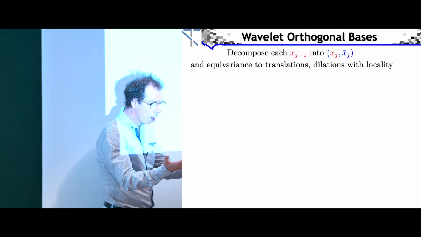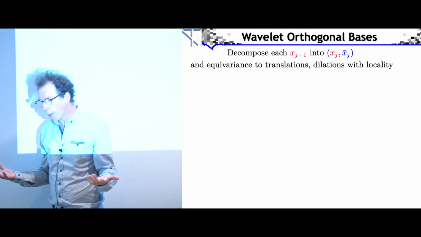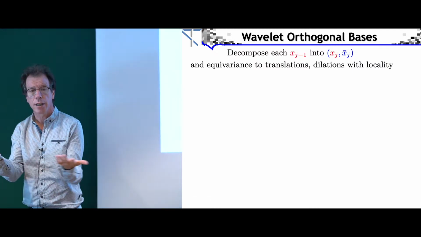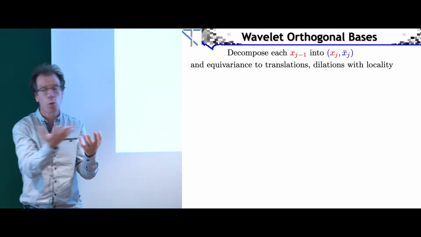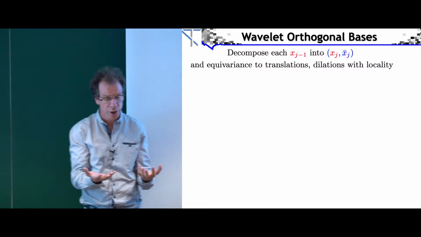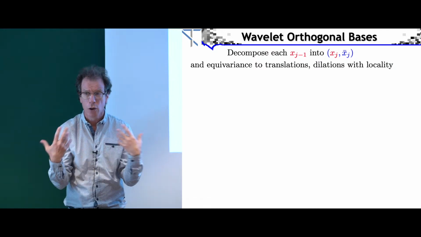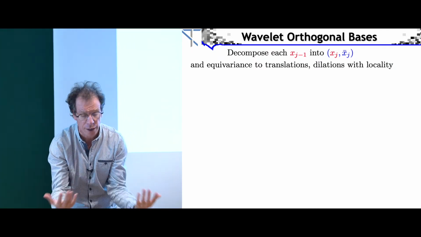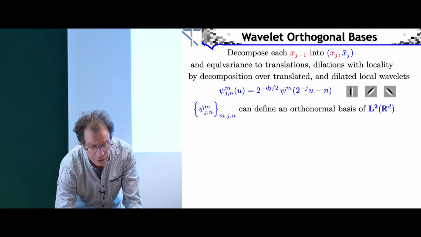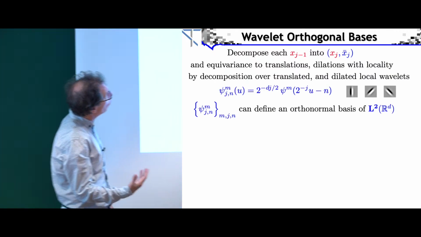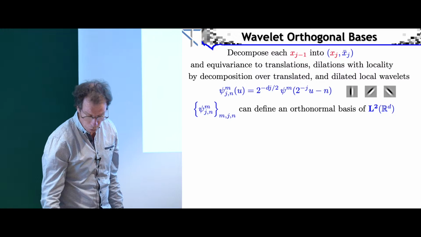Now, in these problems, we know that the probability distributions often have a kind of equivariance to translation whenever you have some stationarity, rotation, potentially dilation. So it makes sense to use these groups to define the coordinate system. And what we're going to do is to use a wavelet basis. So what is a wavelet basis?